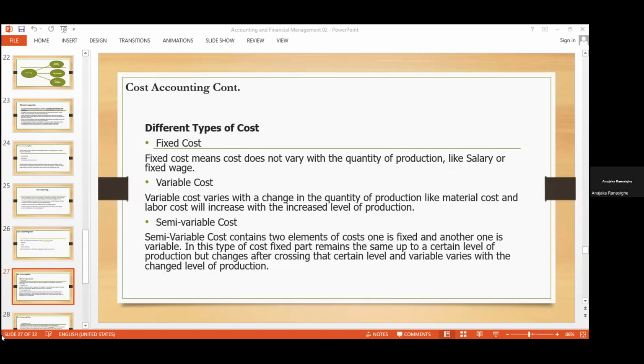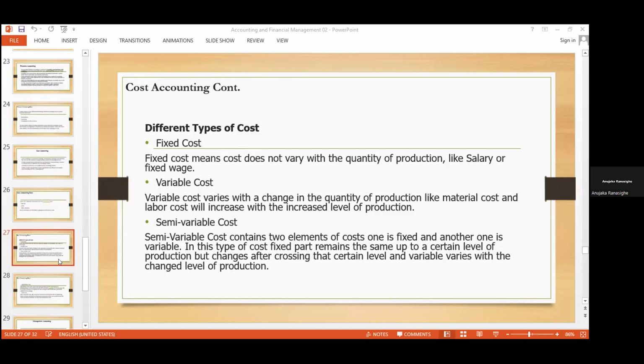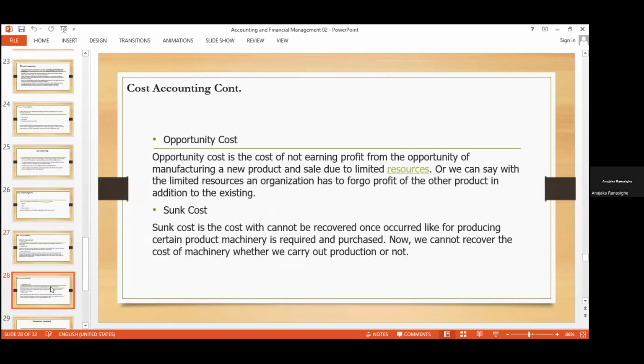Some part fixed, some part variable. This is the semi-variable cost. Another one is opportunity cost.